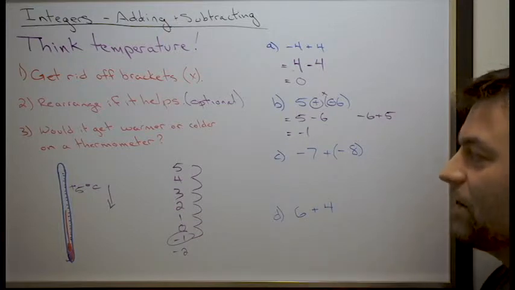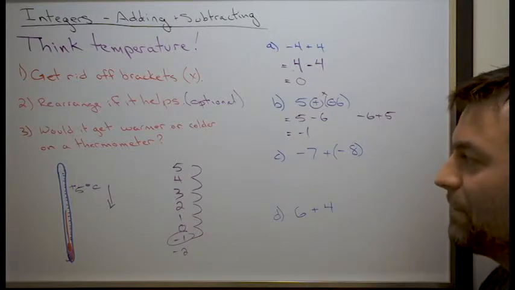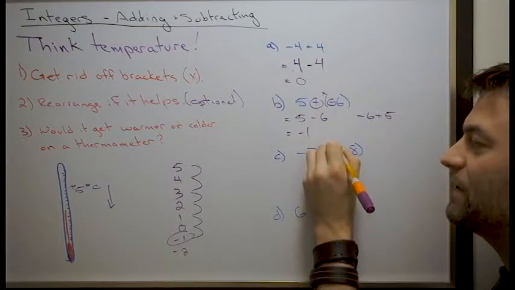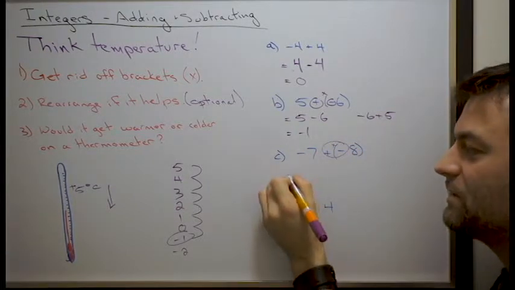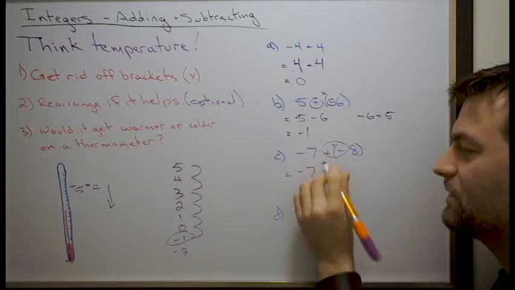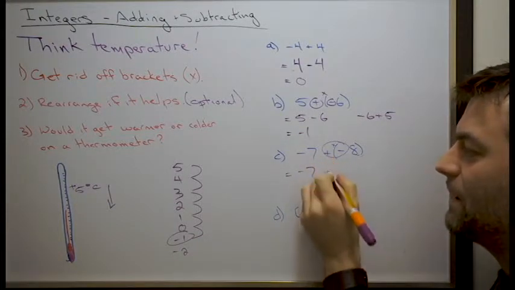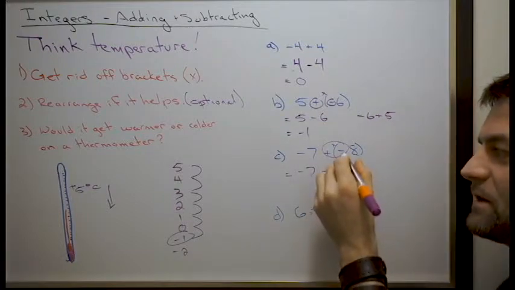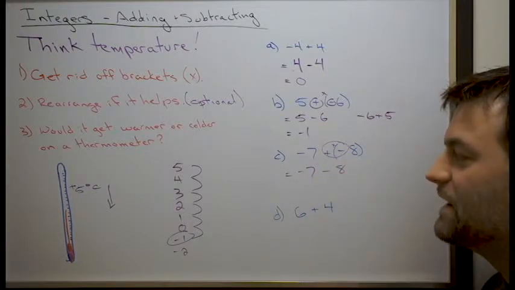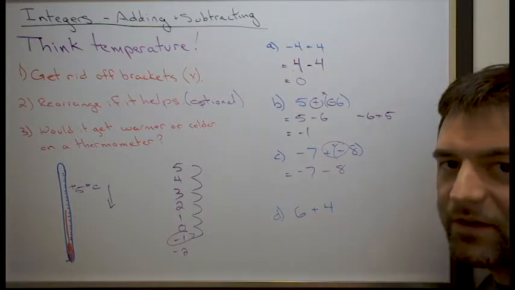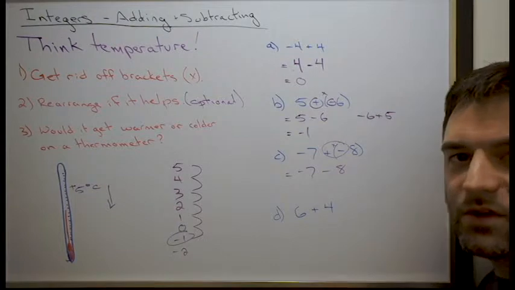In the case of C here, we have 7 plus -8. So again, we have that multiplication here. So that can be changed into -7 minus 8, because the signs are different. It's -7 out. It's going to get 8 degrees colder.